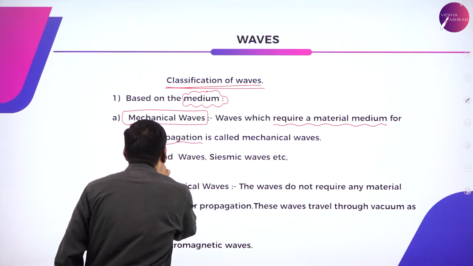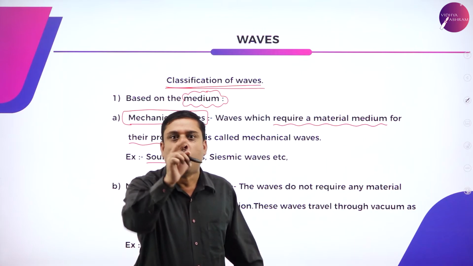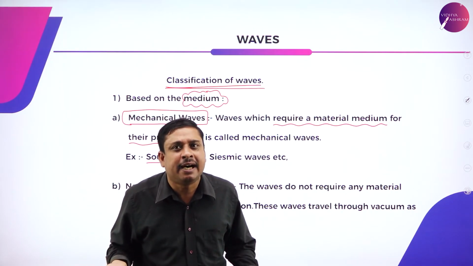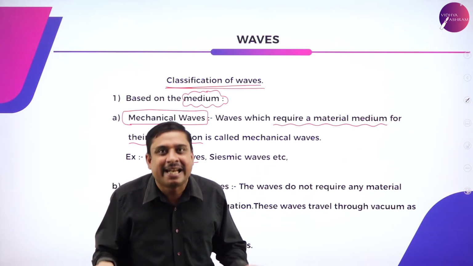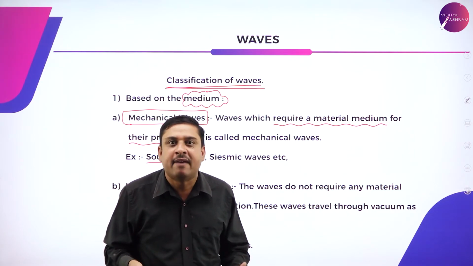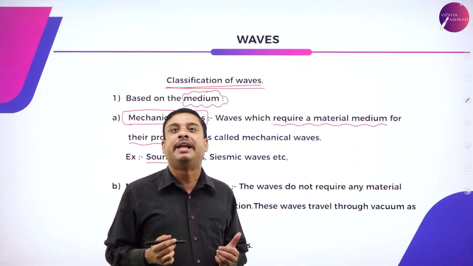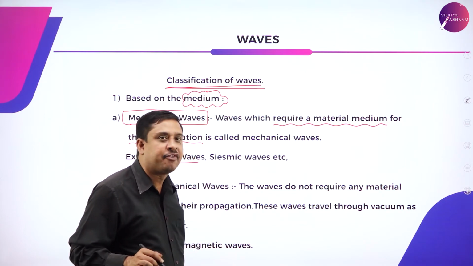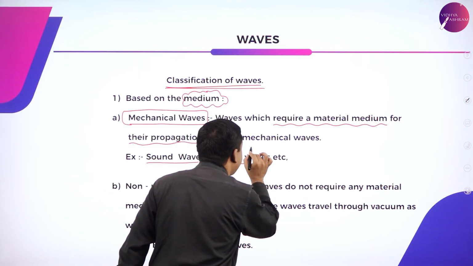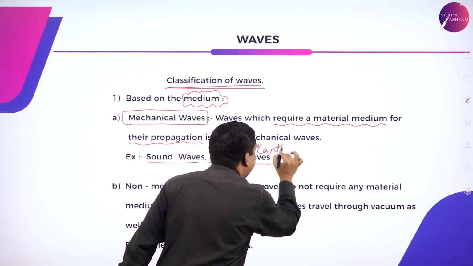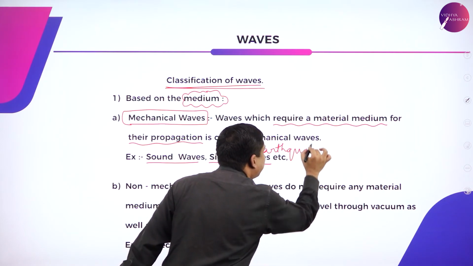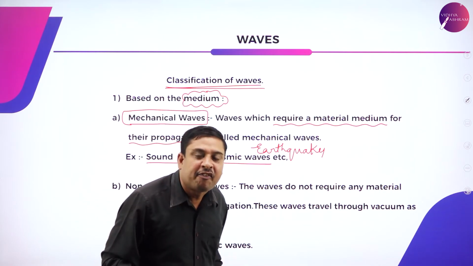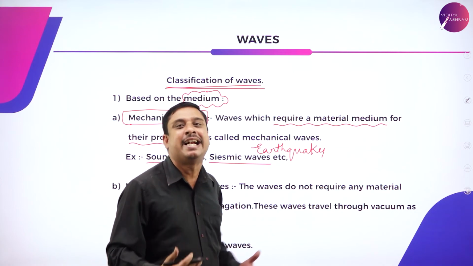Why? They require a material medium. For example, sound waves. Two people talking to each other on the moon cannot hear. Why? There is no material medium. Sound wave requires a material medium to propagate. It is a mechanical wave. Seismic waves are the waves which are generated during earthquakes. They require the surface of the earth to be created.